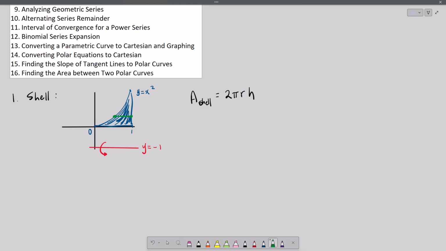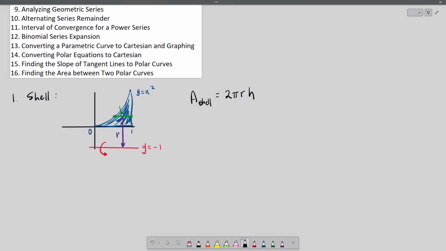And let's identify these generic pieces. The generic pieces are the r and the h. Well, the h is the length of that horizontal element there. So whatever that horizontal distance is, that's the height of the cylinder, the height of the shell. And if we look at the distance that that element is from the axis of rotation, that's going to be called r. That's the radius.